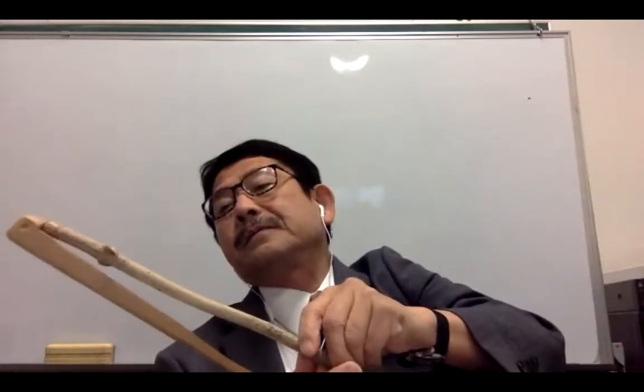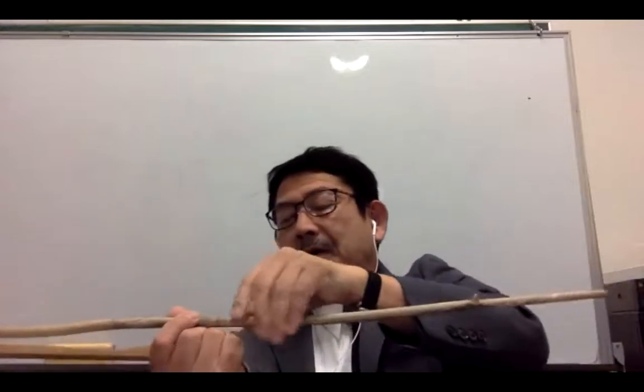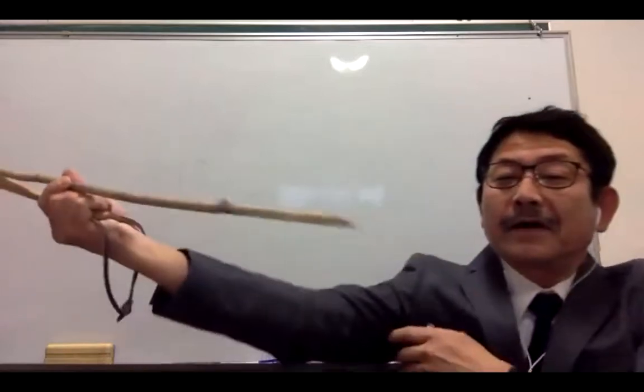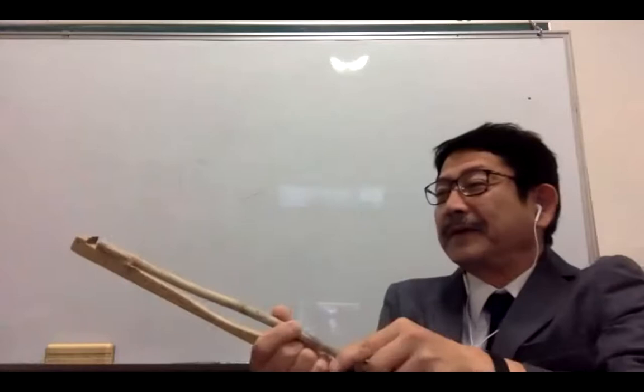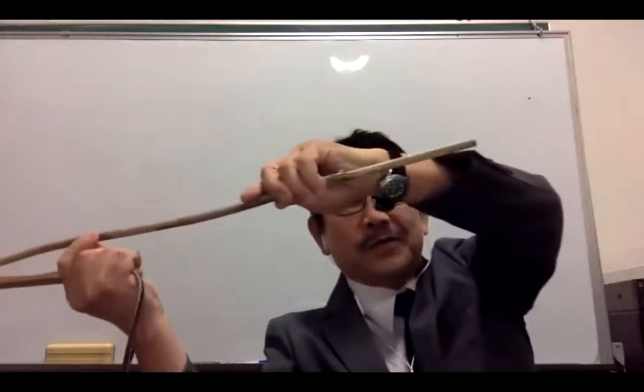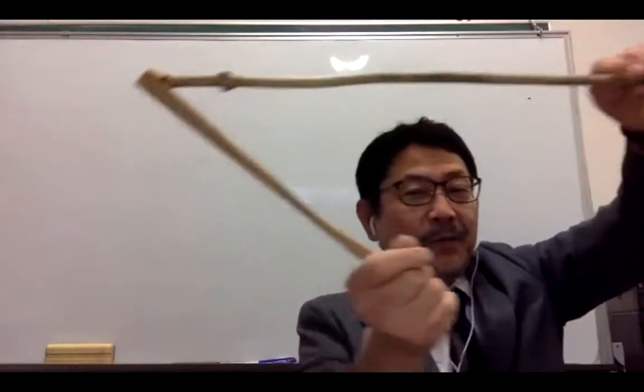And as a matter of fact, it extends the length of your arm. You know, you have a longer arm with this stick. So you have more power. You can put more power, force to the spear when you throw it.